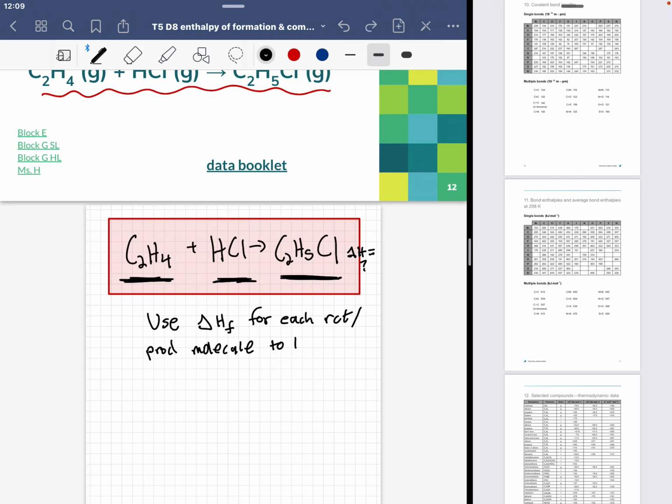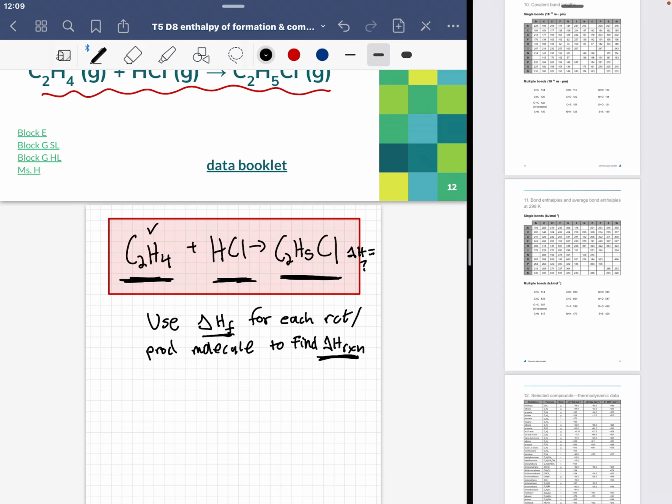Finding the enthalpy change for a reaction should feel familiar. We've seen experimental ways to do this. We've seen using given intermediates with Hess's law. We're now seeing us having to look up the intermediates using delta H of formation.